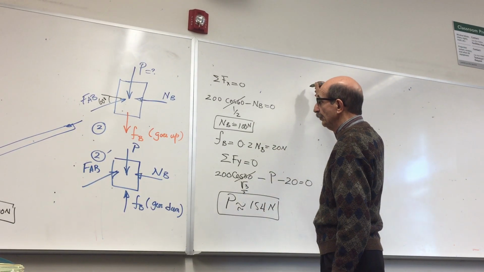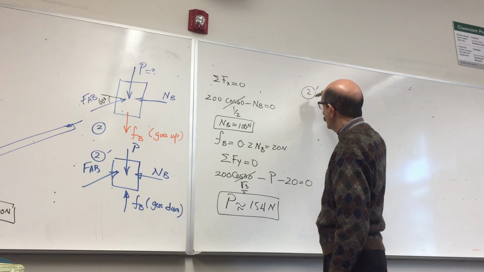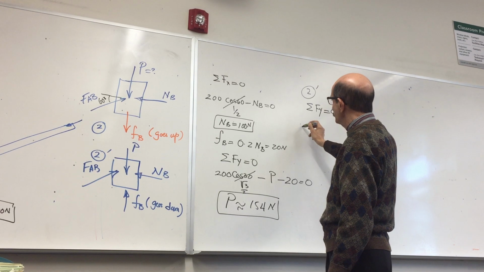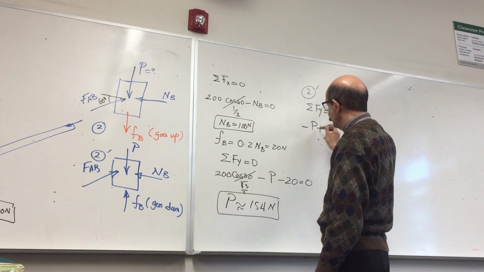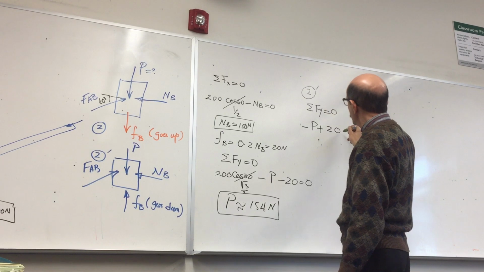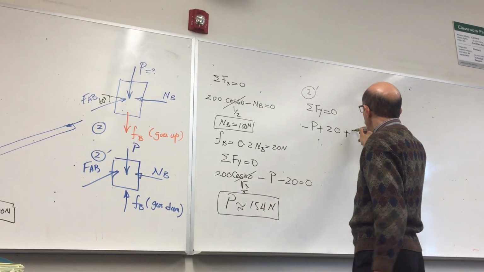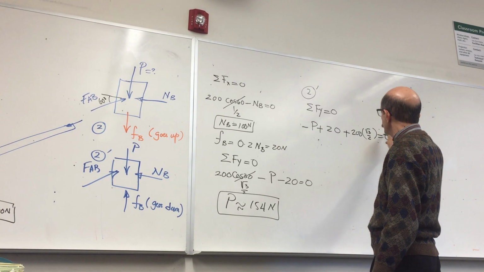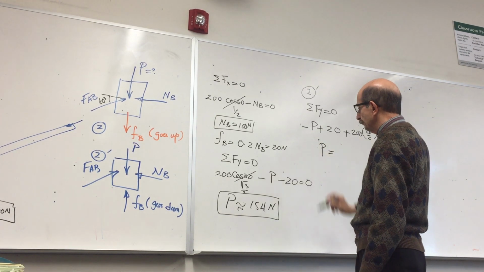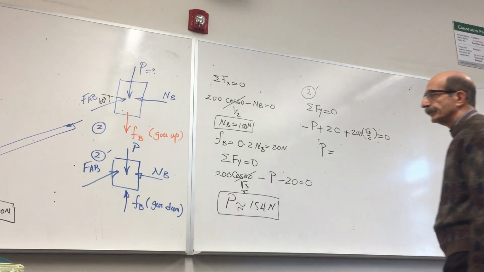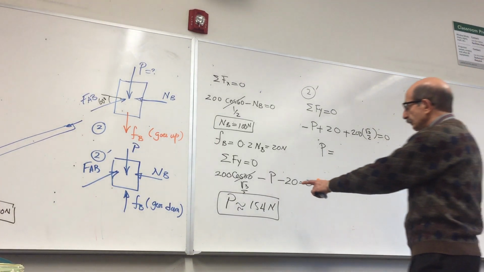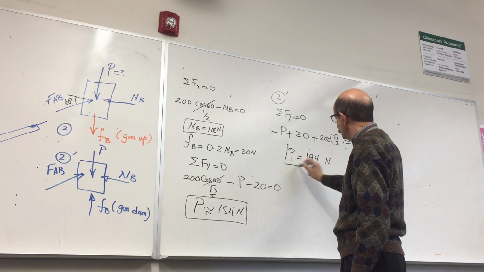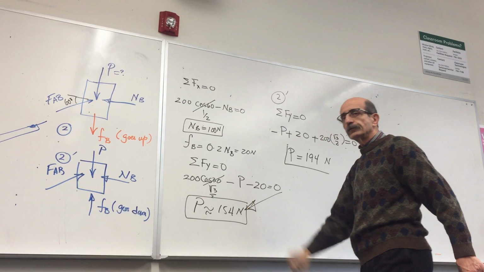So for the case of 2 prime, your summation of forces along y equals 0 would be negative P plus 20 plus 200 square root 3 over 2 equals 0. So P comes out to be 194 Newton. So obviously, this is the case.